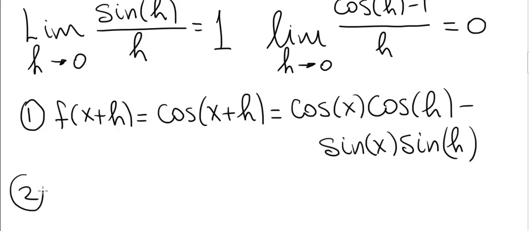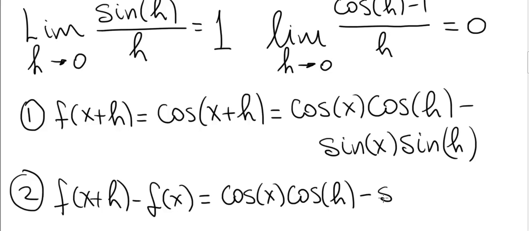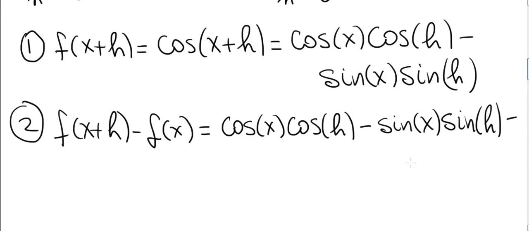Step 2, f of x plus h minus f of x. We just did f of x plus h, so let's rewrite it: cosine of x times cosine of h, minus sine of x times sine of h. That's f of x plus h, minus f of x, which of course is cosine of x.